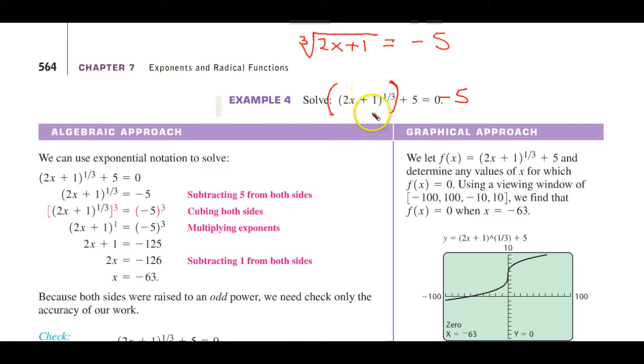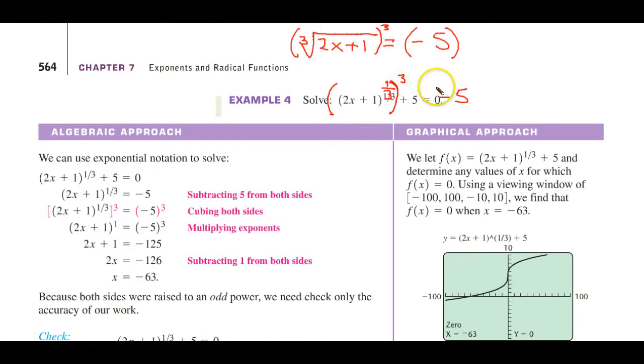Now, they're doing it this way. Another way would be this way. What do we have to multiply this by or raise it by to get rid of the radical sign? And the answer is a 3. Well, interestingly, that's what you have to multiply this by, because this is a 1/3.